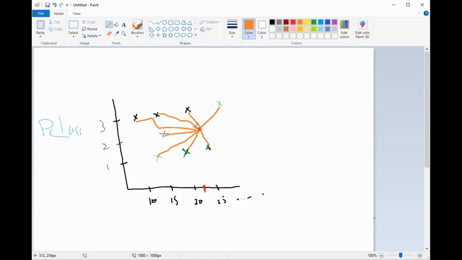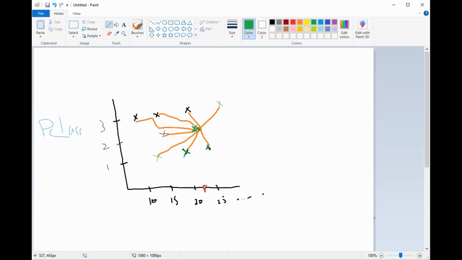So because this is the closest point and this is a green point, and the green point means that the person survived, the algorithm is going to say that this new person who is a red dot is actually going to survive because they are very close to this person who had survived. So they were very close, so they survived.